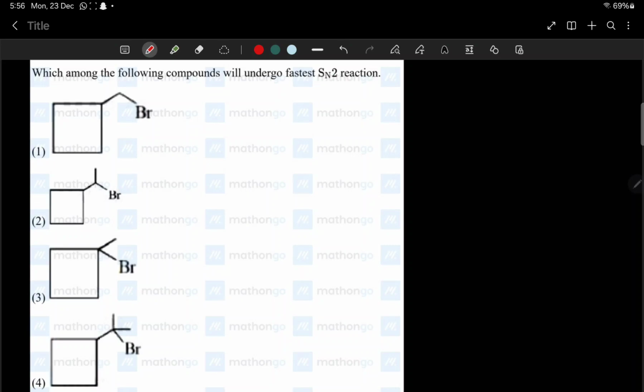Now next question. Which among the following compounds will undergo fastest SN2 reaction? SN2 reaction means nucleophilic substitution, second order reaction. Which will undergo fast? The order for SN2 reaction is primary, secondary, tertiary.